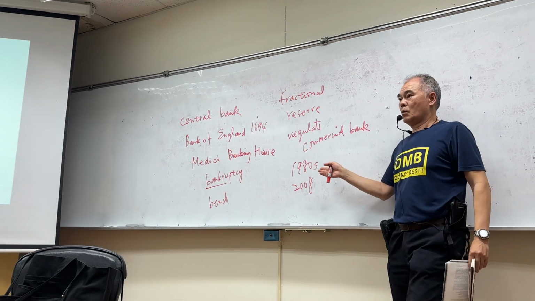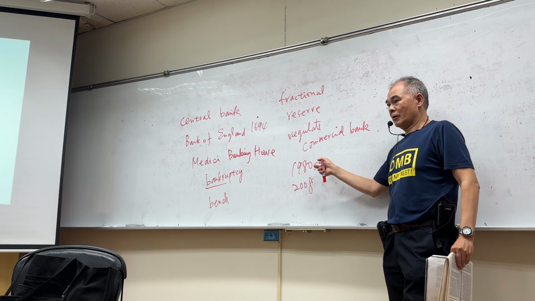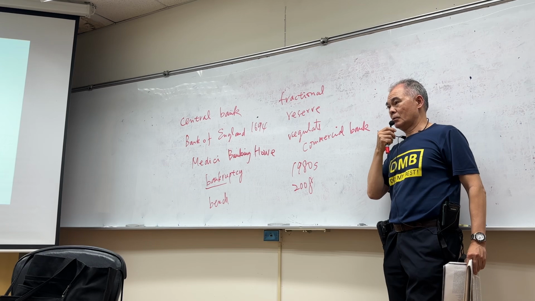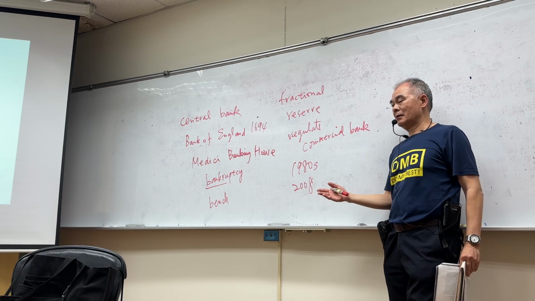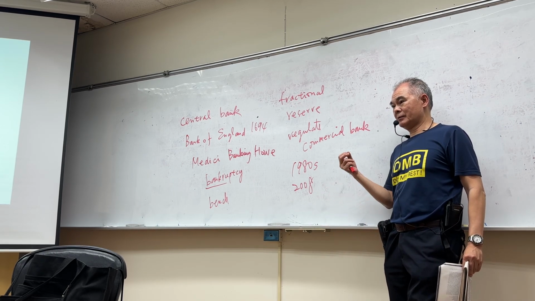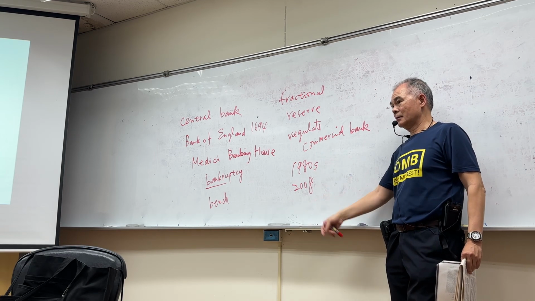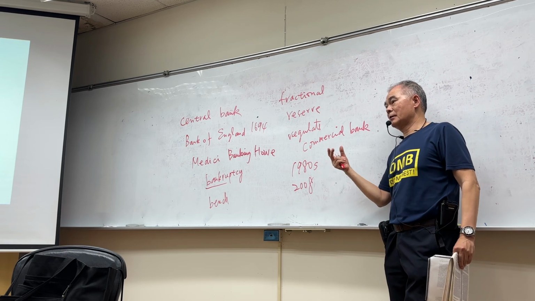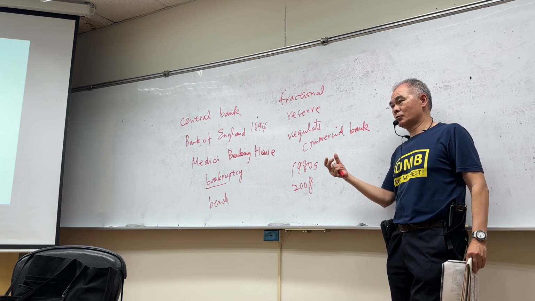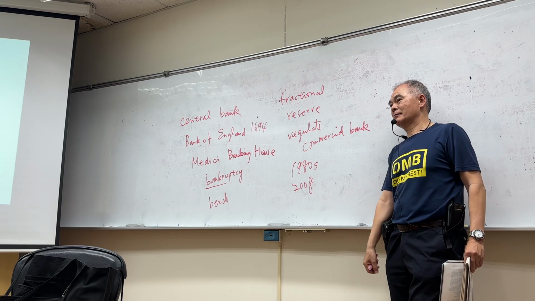So remember what is the reason for the crisis of 1980s and 2008? What happened? What kind of asset is the culprit? Okay, it is the causes of the crisis. Right. I mean, what is the asset that got into trouble? And what is the reason?